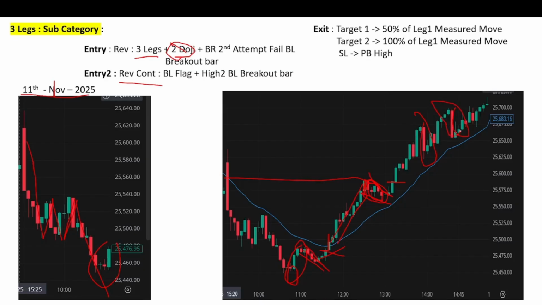That is also okay, or you can just keep your trades running until you see 2 strong consecutive bull bars, or you can exit when the trend line here is breaking, or you can just keep the super trend with 11,1 settings on as your trailing SL, and you can keep that to ride your winners. So that's about the trailing SL.